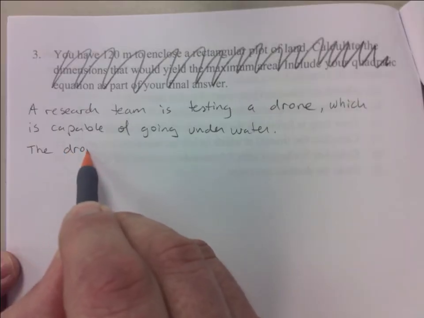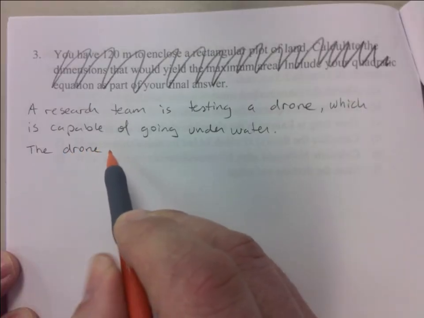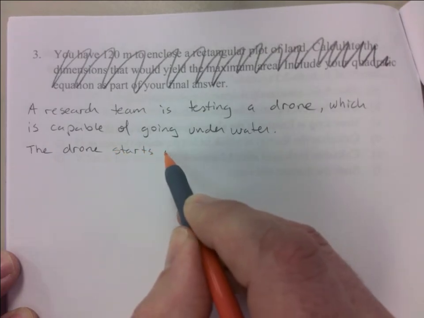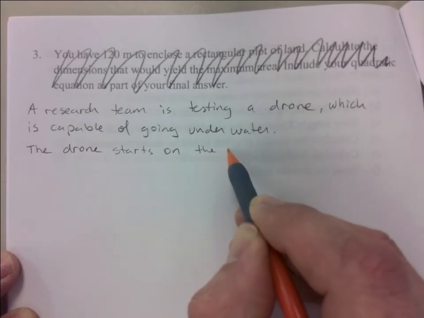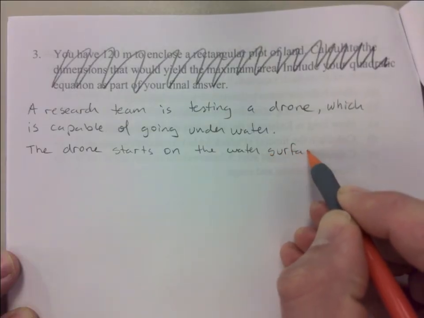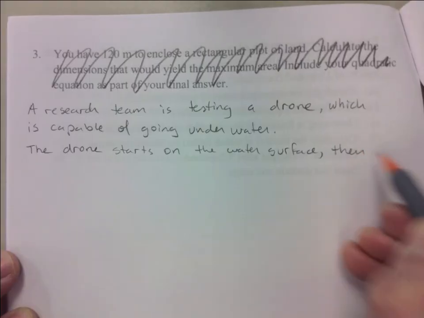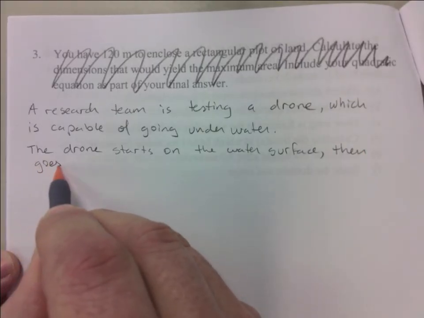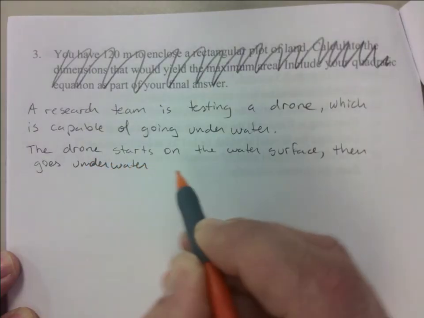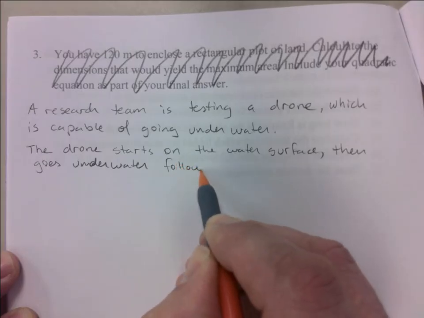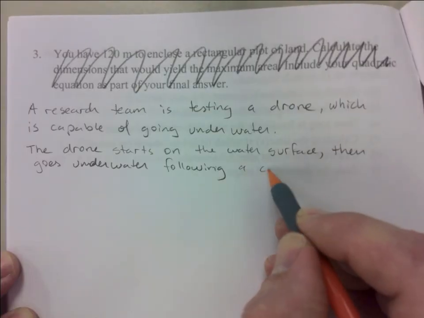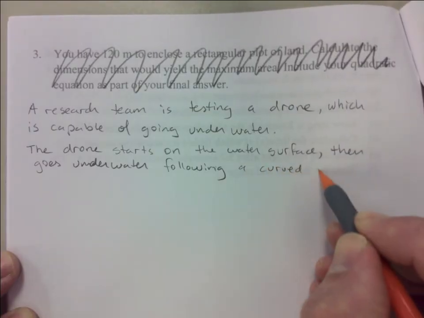The drone starts on the water surface, then goes underwater, following a curved path.